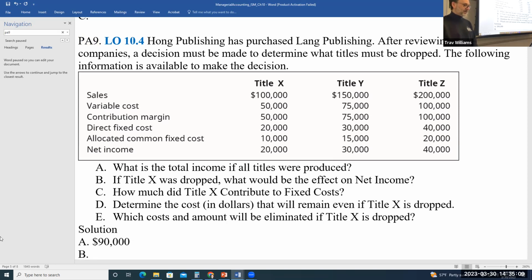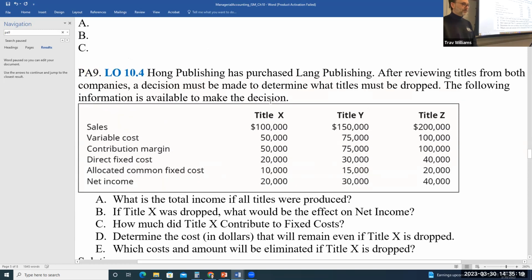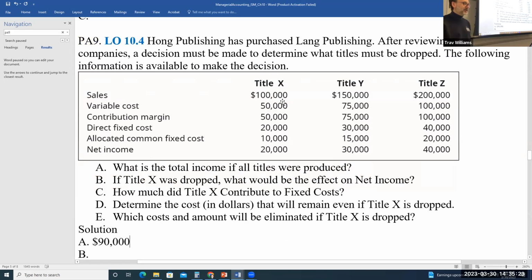Then the question arises, if title X were dropped, what would be the effect on net income? Well, obviously, if we drop title X, we lose $100,000 in sales and $50,000 in variable costs, which means the net impact is $50,000 in contribution margin. However, we have to consider these fixed costs.